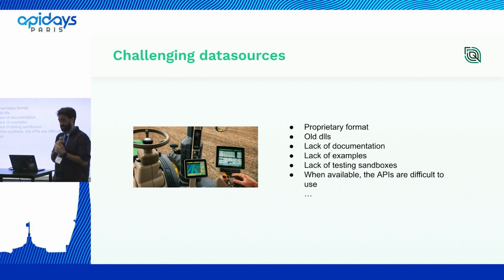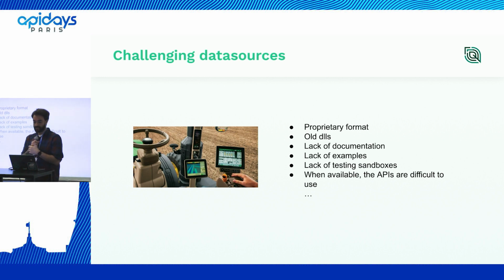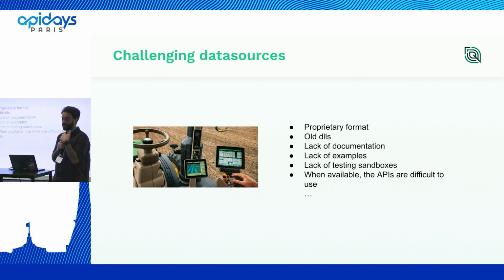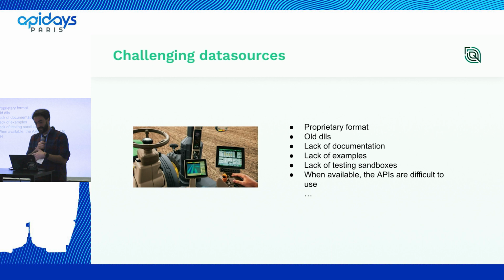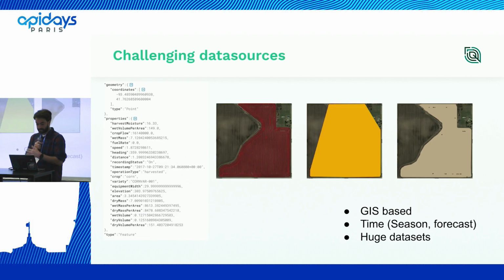The data sources are very challenging, many of them have proprietary formats using DLLs. We have a lack of documentation, lack of examples, lack of testing sandbox. And when we have APIs, they're really difficult to use. Moreover, even when we have good data, this data is really challenging to work with.